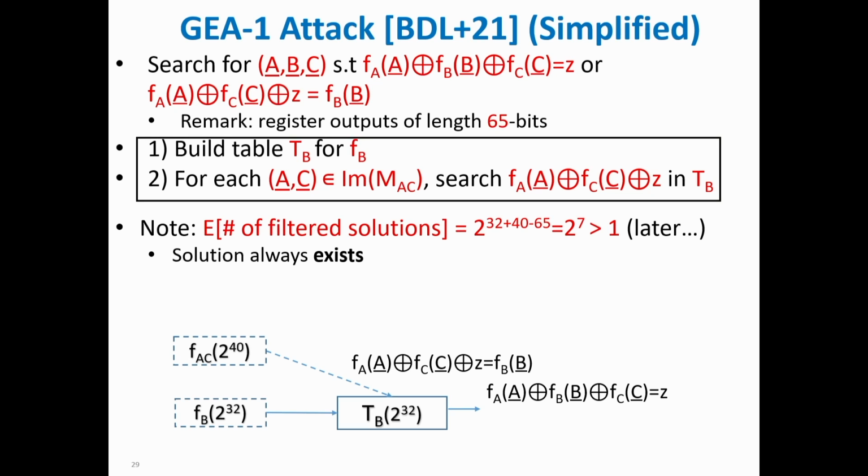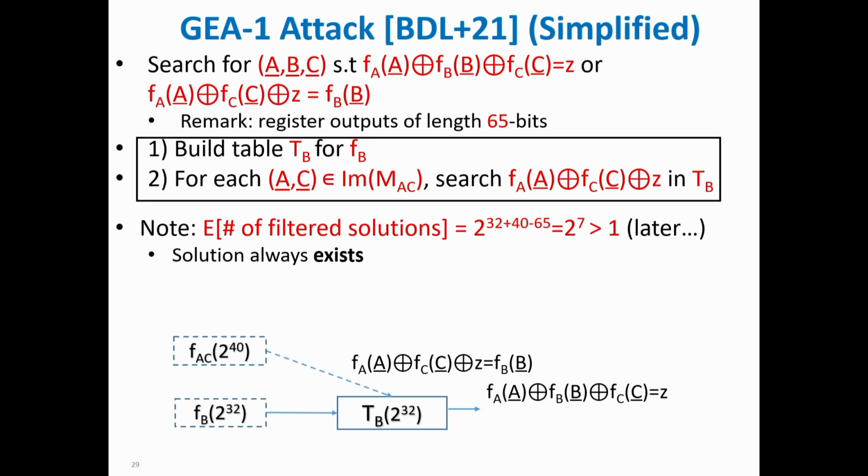Let's compute the expected number of solutions that you would get from this procedure. So how many internal states are we actually computing? For B, we have 2 to the 32. That's what's written here, what I've also written on the blackboard. And the joint state of A and C has 2 to the 40 possible values.